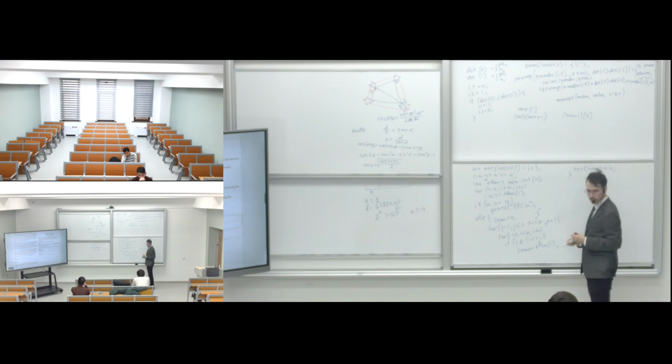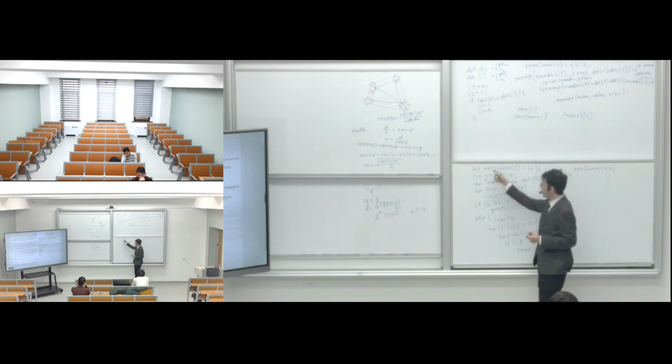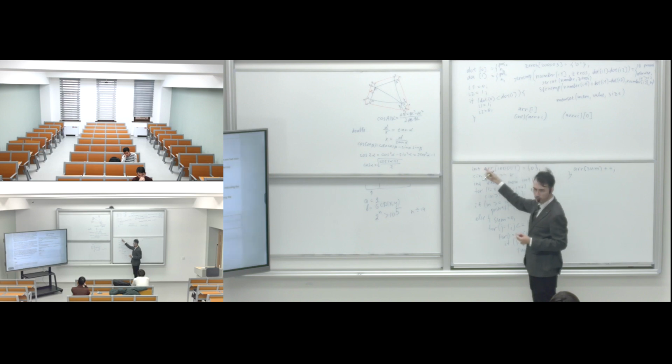That's all. Now I need to go through this whole array, and if I find any element that is bigger than 1, then I have the answer yes. If I cannot find, then the answer is no. So that's all.